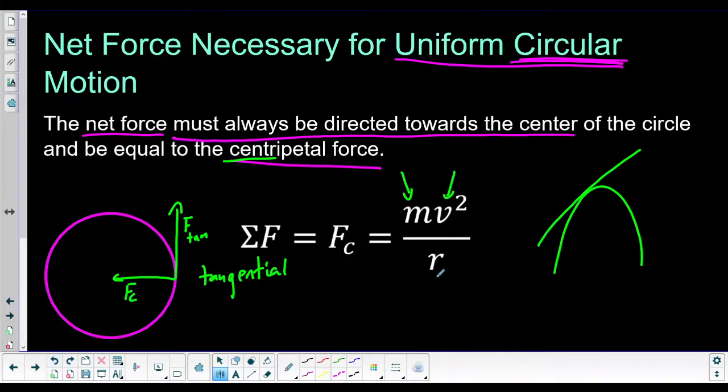Divided by the radius of the circle. So from the center to the edge, that's the radius. So the mass of the object times its speed squared divided by the radius, that is how big the force needs to be pulling the object towards the center or pushing the object towards the center so that it goes in uniform circular motion. And there you have it. Okay.